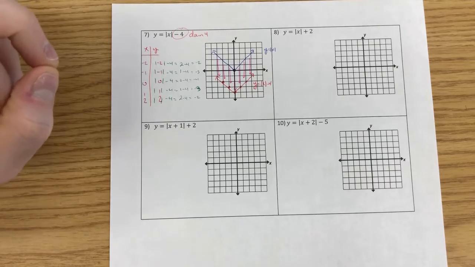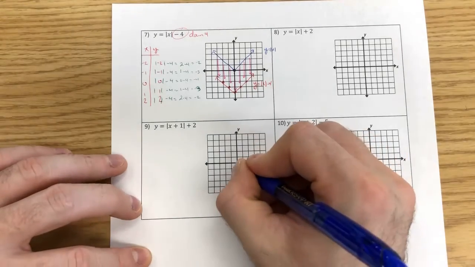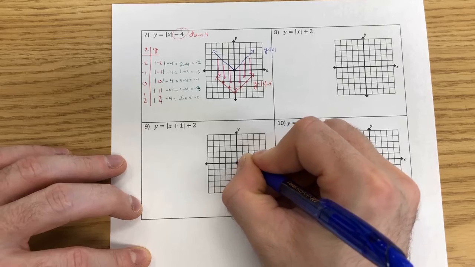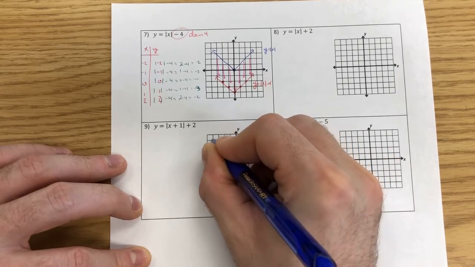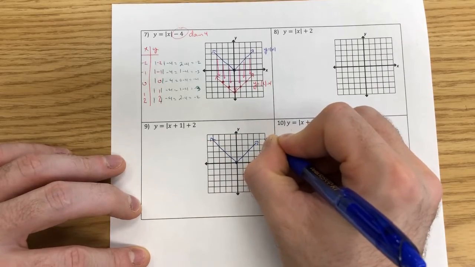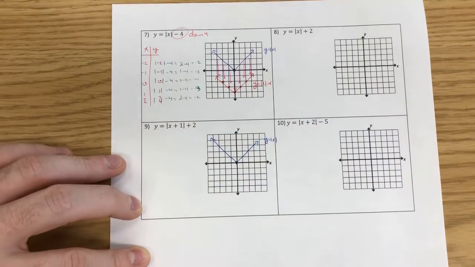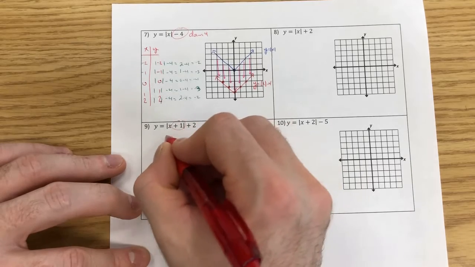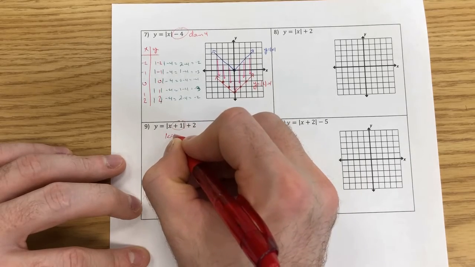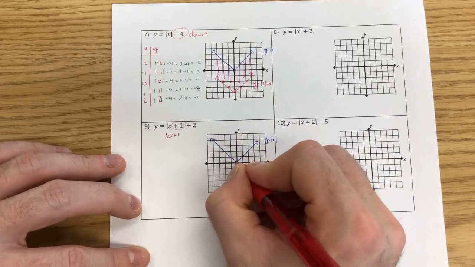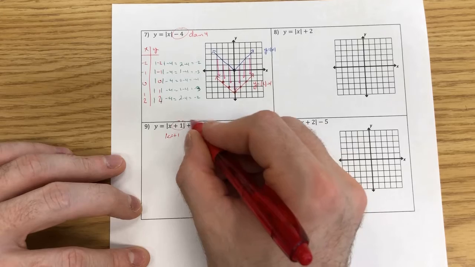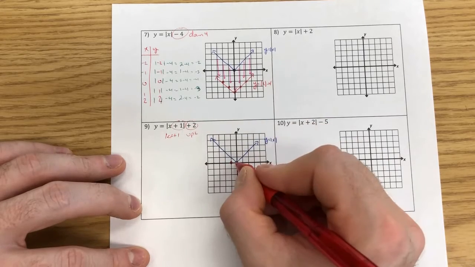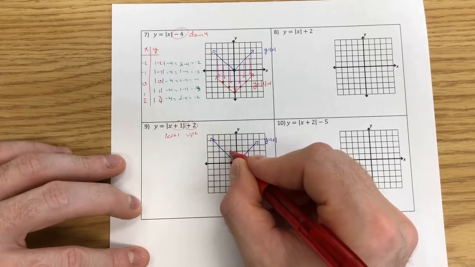But I think at this point, we can safely look at the parent graph, which we know creates a perfect diagonal, y equals the absolute value of x. And we can say, hey, I know that this graph was moved left 1, which means I'm going to take this vertex and move it to the left 1, and then I'm going to move it up 2. So left 1, up 2.